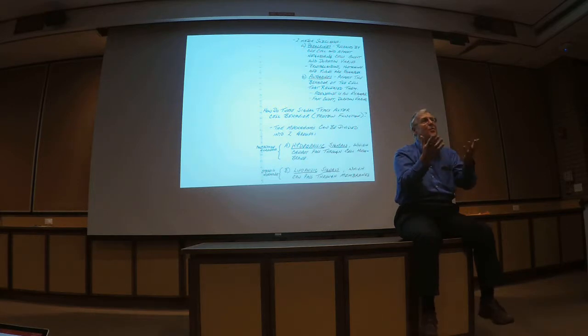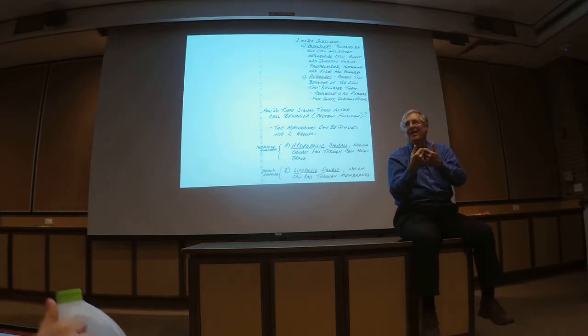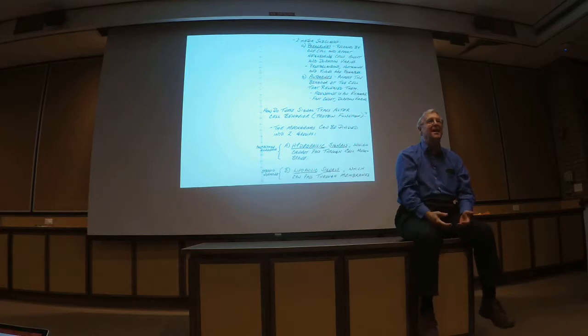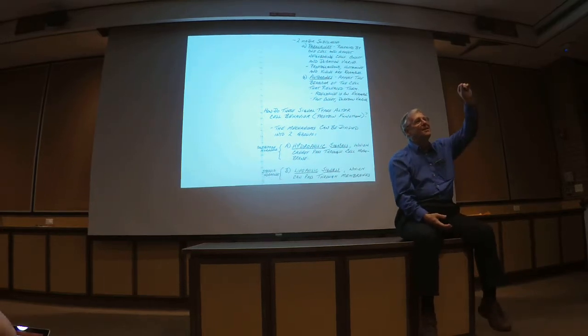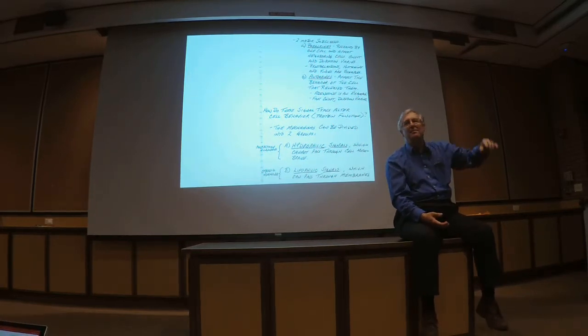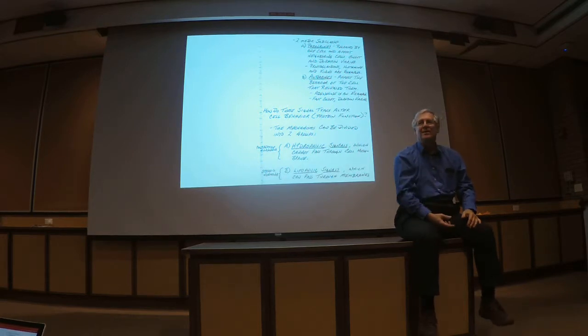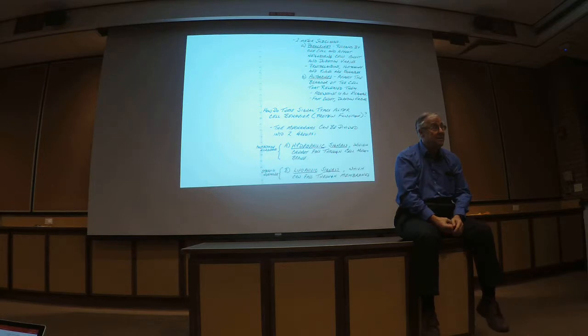At the same time we release acetylcholine, that alpha motor neuron is releasing adenosine, which binds to receptors for adenosine on the presynaptic terminal. And you know what it does? It inhibits the presynaptic terminal.